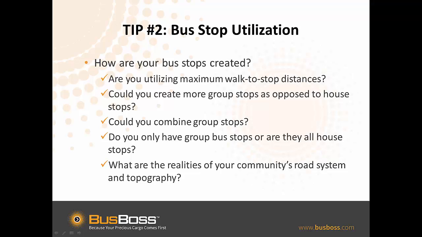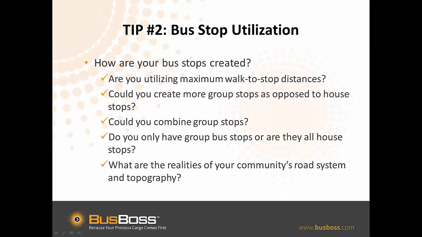So you may not be able to stick to those policies, but you can definitely group the stops so that you don't have house stops all over the place. So now your bus is stopping once for 10 kids versus every 20 feet for 20 different kids. So if you can utilize group stops by taking advantage of those walk to stop distances, you could definitely get a lot more kids on the bus at a time, and therefore you can really reduce the time that they're riding on the bus.